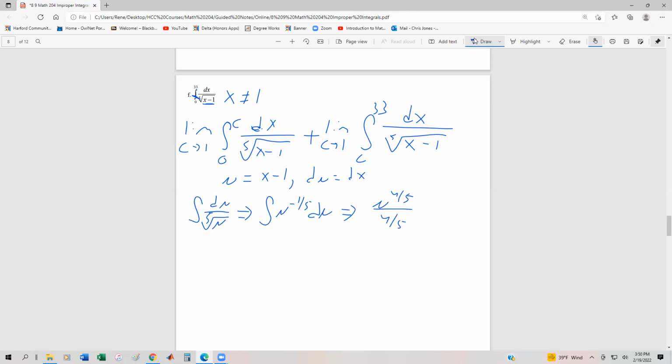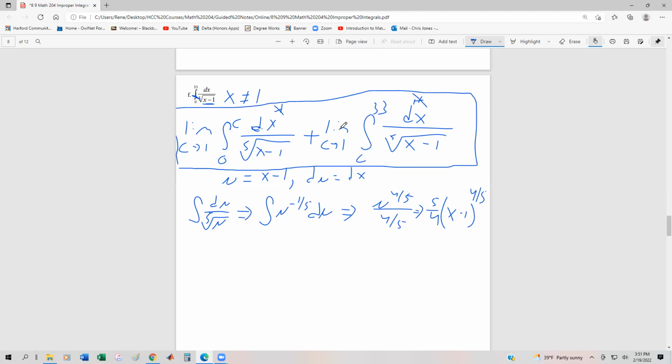I know that there's a plus c if we're doing it as an indefinite integral, but remember, we're going to plug it back in as definite integrals, and we're going to back substitute. So finally, we get 5/4 of the x minus 1 to the 4/5 power. Let's just hold on to that for right now, and that's what we're going to throw into these evaluated integrals right here.